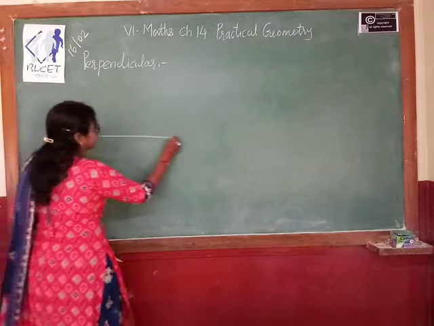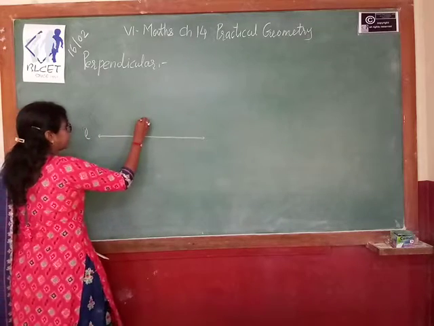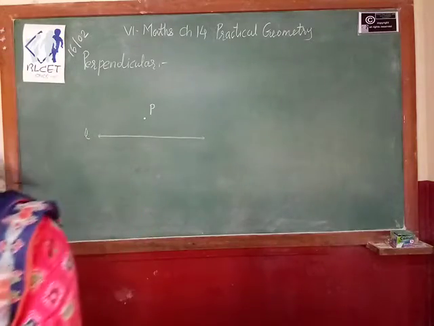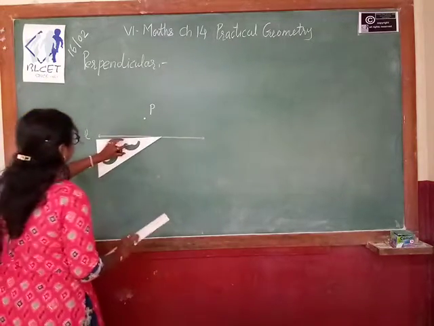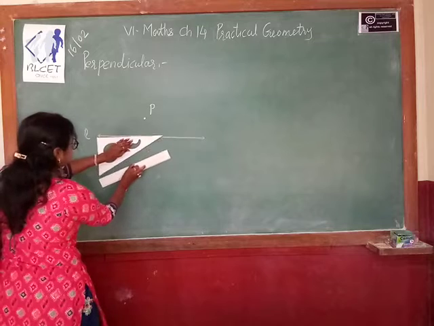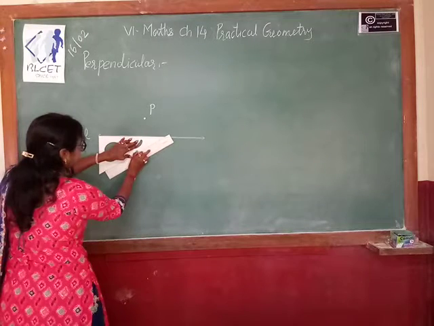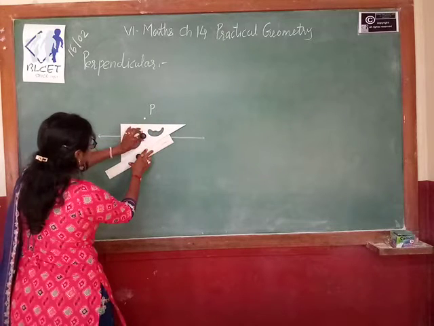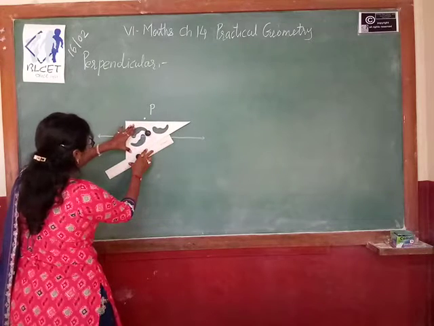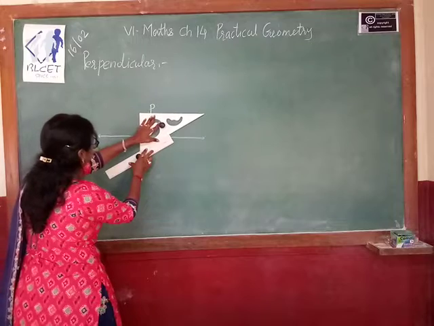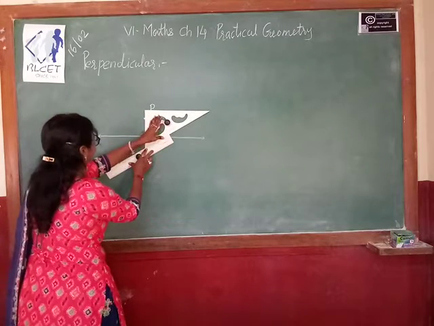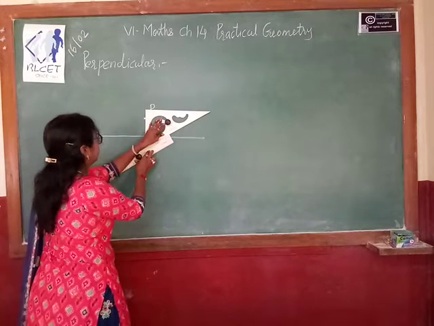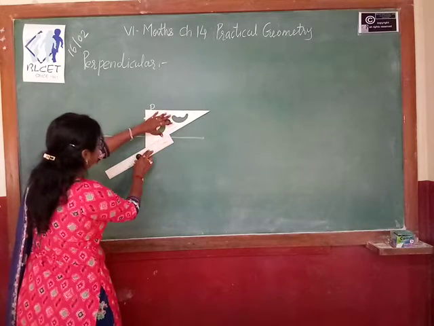Draw the line L. Now I keep the point P a little bit nearer so that it's very easy to understand. Keep your set square and ruler like this. Now slide this set square in such a way that it will just reach the point P. Now what we have to do?